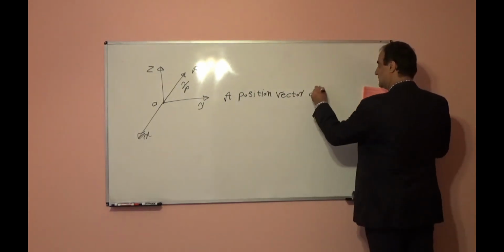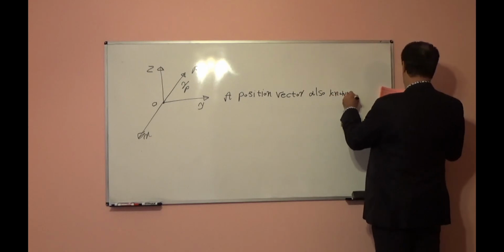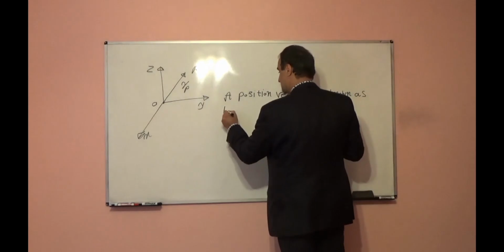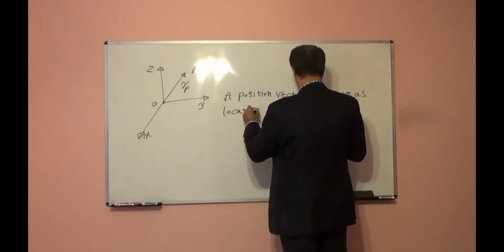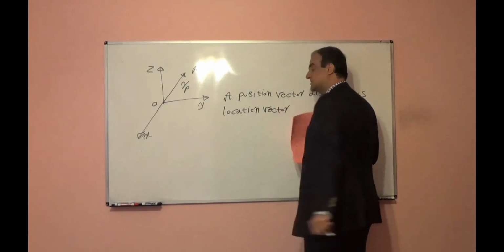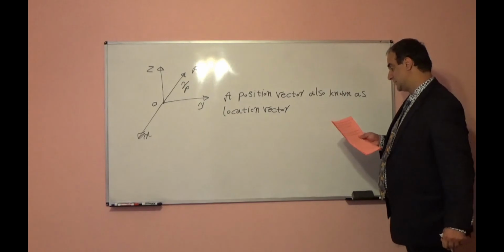A position vector, also known as a location vector, sometimes they call it. Both of them are the same. Sometimes they call it position vector, sometimes location vector.